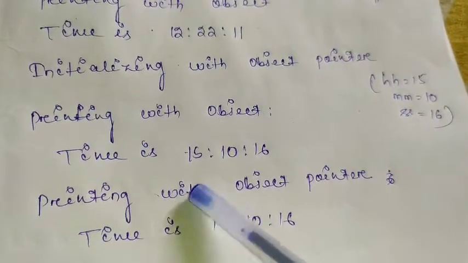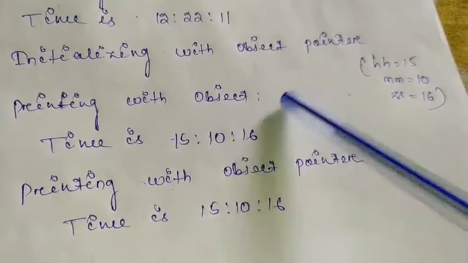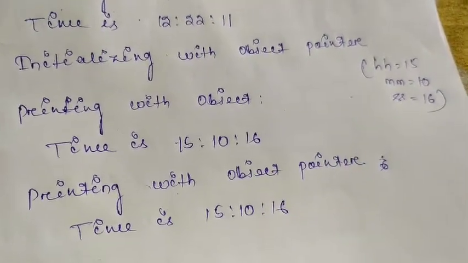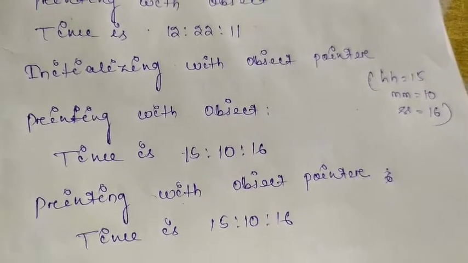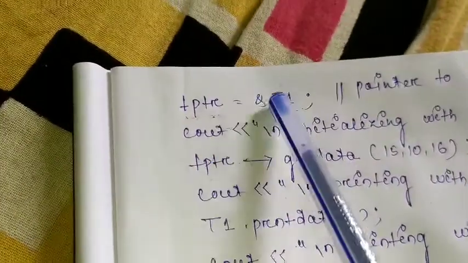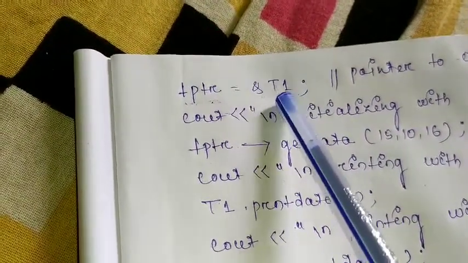That means the memory space for the object and the object pointer is the same, because here we are pointing to this object.